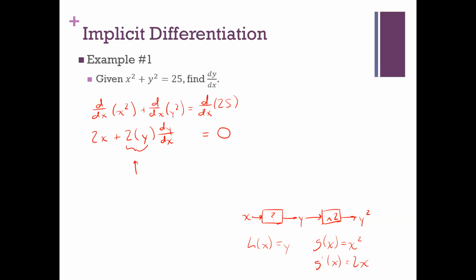So I just want to point out here, this right here is the derivative of g of x evaluated at y. And this right here is the derivative of h of x, which is really just y.